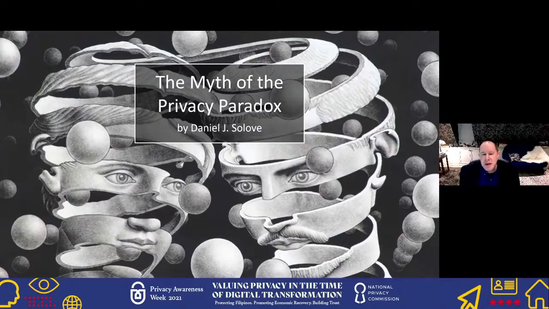And this has resulted in a lot of discussion and debate about privacy, and also about how to protect privacy. Should the law protect privacy if people aren't behaving in ways to protect it?